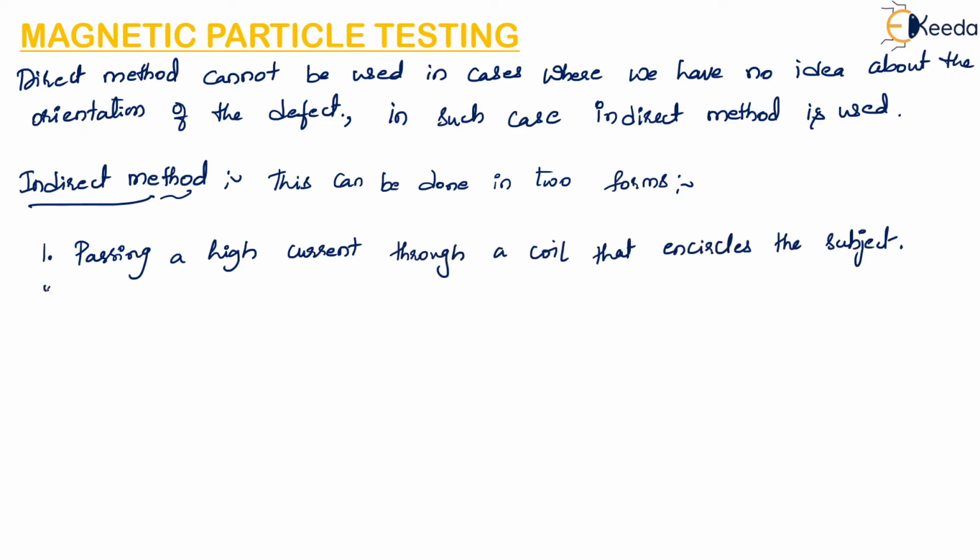The second form of the indirect method is making the test piece form part of a yoke which is wound with a current carrying coil.